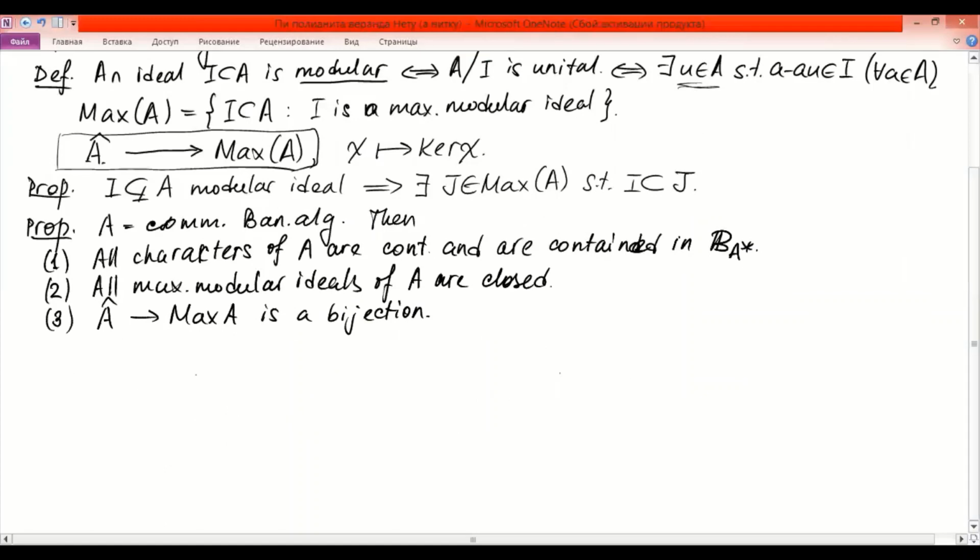Okay, so now we identify these two sets, the maximal spectrum and the character space of A, and we can introduce a topology on the space in more or less exactly the same way as in the unital case. So A hat sits in the dual space, A star. We equip A star with the weak star topology.